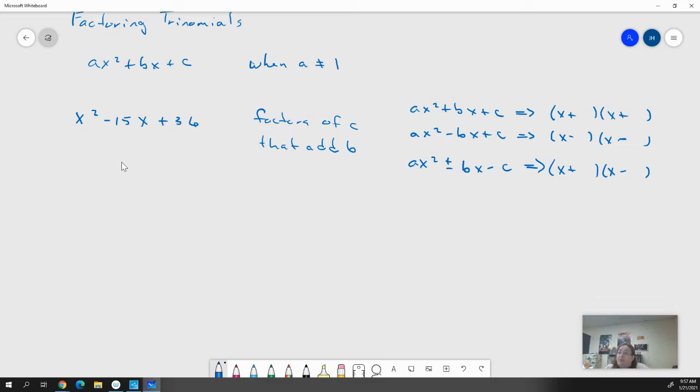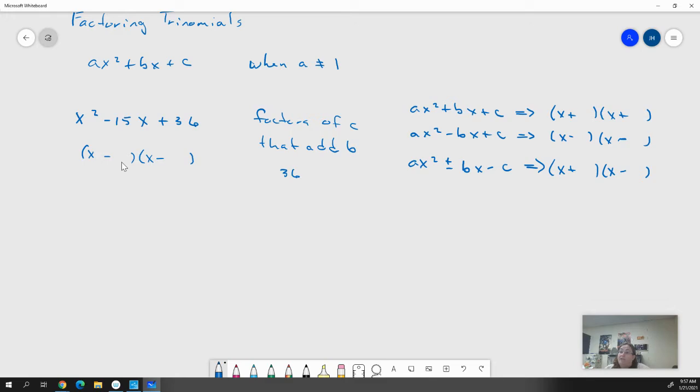So we'd take whatever 36 was, and we would take our factors of c that would add to b, and we would have x minus something times x minus something, because we have minus plus, and here when we have minus plus, we have minus factors.